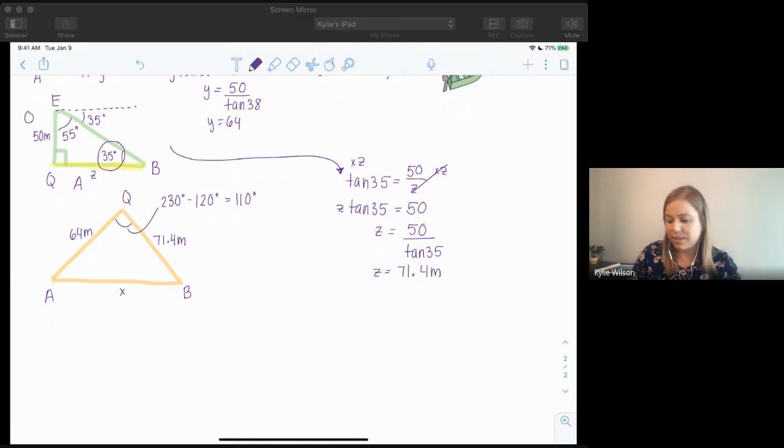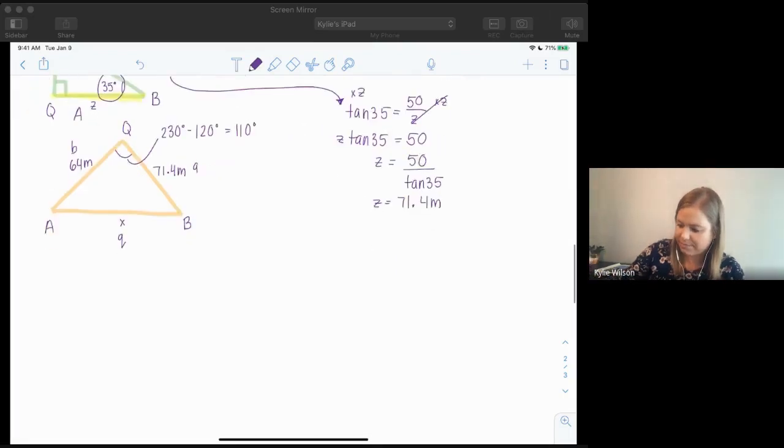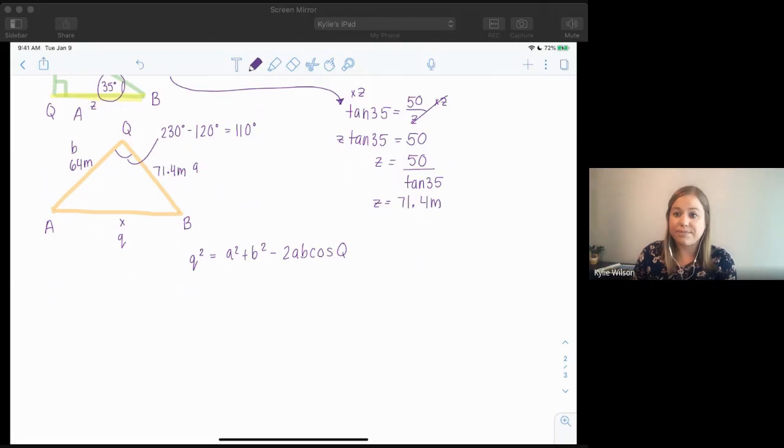So now I'm going to label my triangle, and I'm going to write out my equation for solving for little q here. So that will give me little q squared equals a squared plus b squared minus 2ab cosine of big Q. And now that I've labeled my triangle, filling in that equation is pretty straightforward.